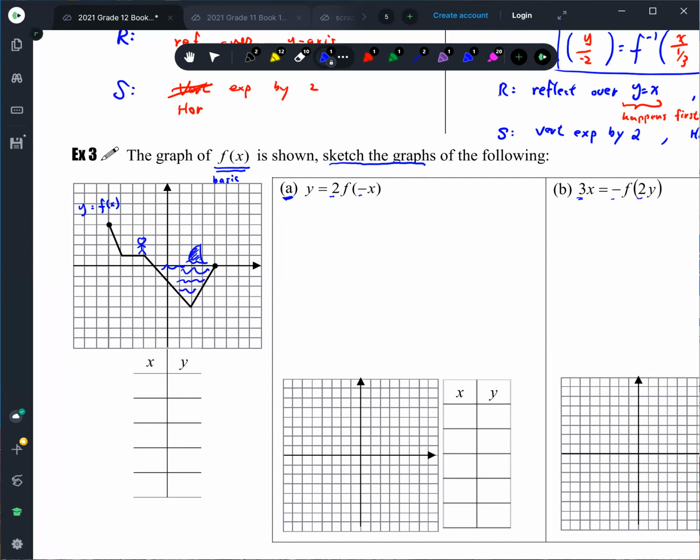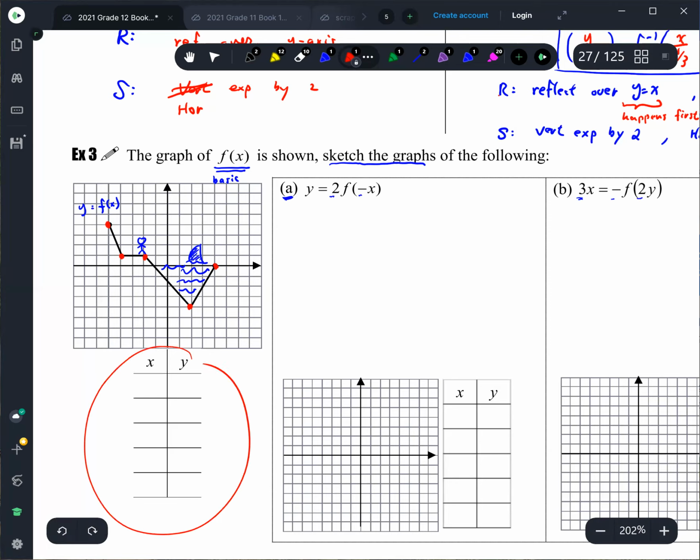To graph this one, you need to get some important points for the basic graph. The points we pick are the places where they bend. We'll go from left to right: 1, 2, 3, 4, 5. So total 5 points. Please list them in order in this table.